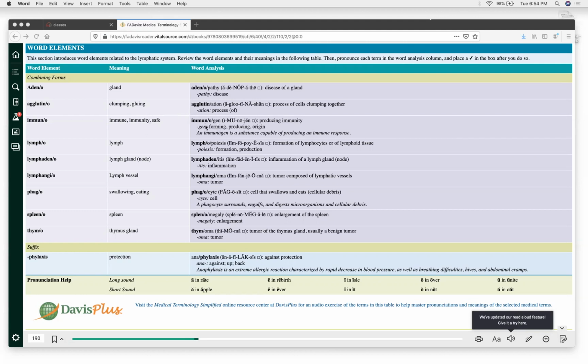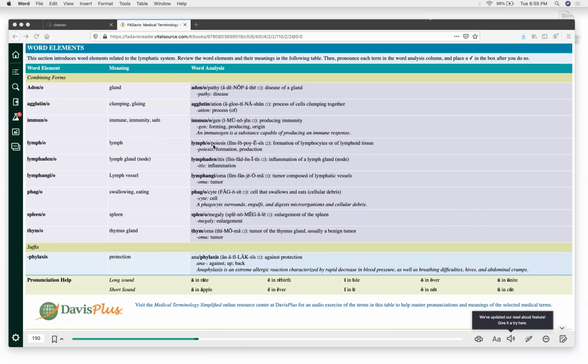Immunogen is something that will promote your immune system. So going outside, staying positive, you will learn how your immune system is bolstered by your mood. So if you're in a stressed out, crappy mood, the odds of you getting sick get increased. Lymphopoiesis. Poiesis means formation.